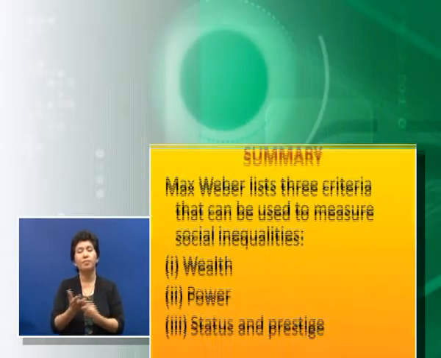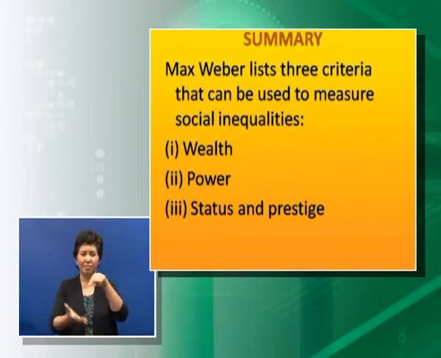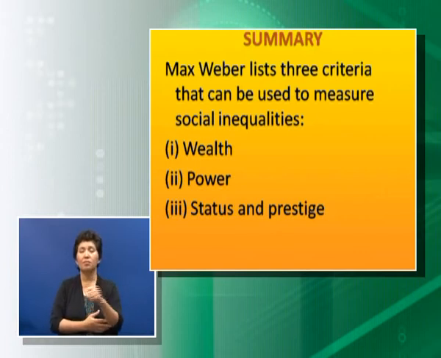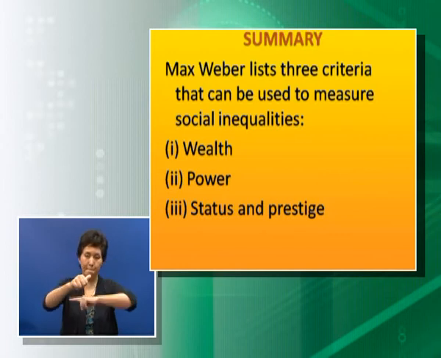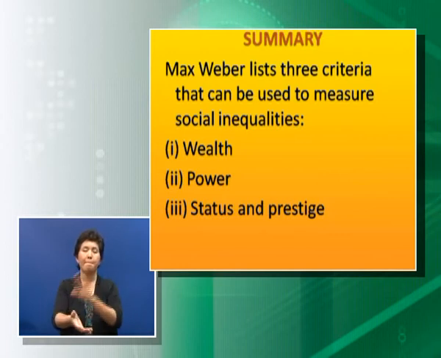So we come to the end of this topic already. Let me summarize what we have discussed from the beginning. In this topic, earlier I mentioned Max Weber's idea, whereby he mentions the three criteria that can be used to measure social inequalities: the first one is wealth, then power, and also status and prestige.